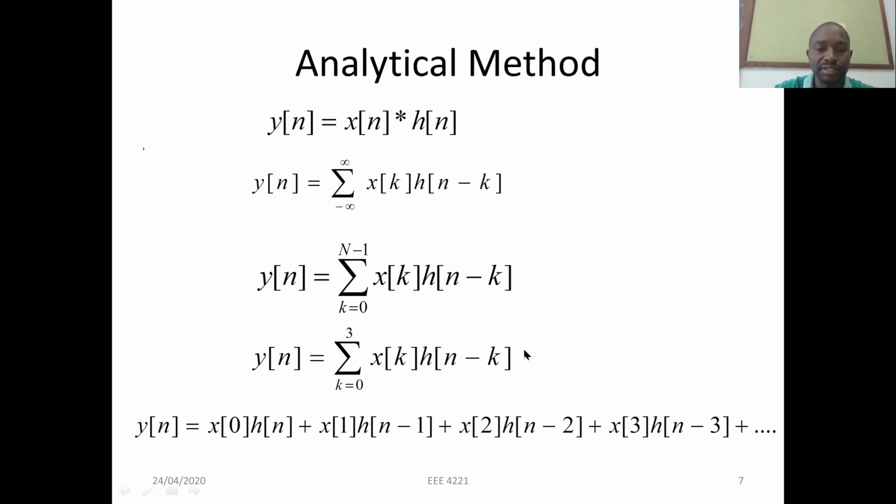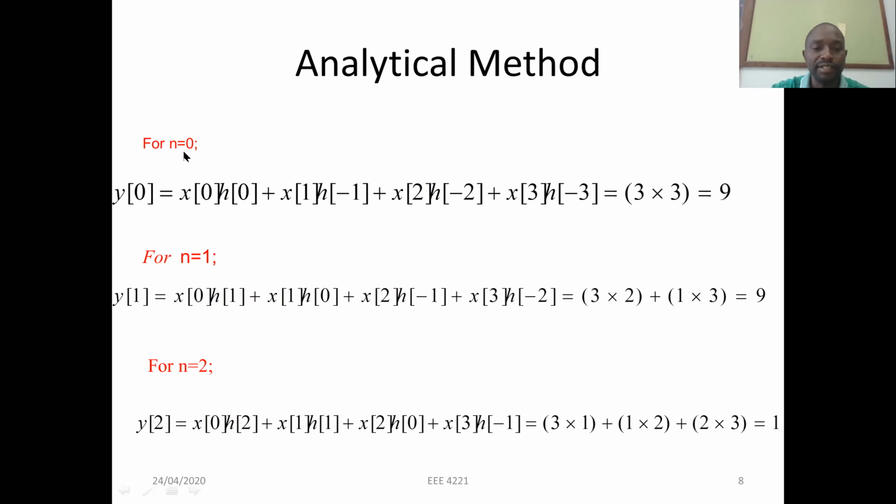For n equals 0, what will be the value for n equals 1, for n equals 2, and for n equals 3. So basically what we do here in the next slide, for n equals 0, wherever we have n, we put a 0. So we put a 0 here, we put a 0 here, we put a 0 here.